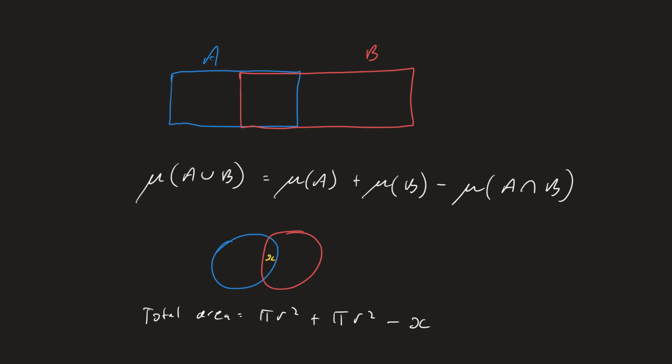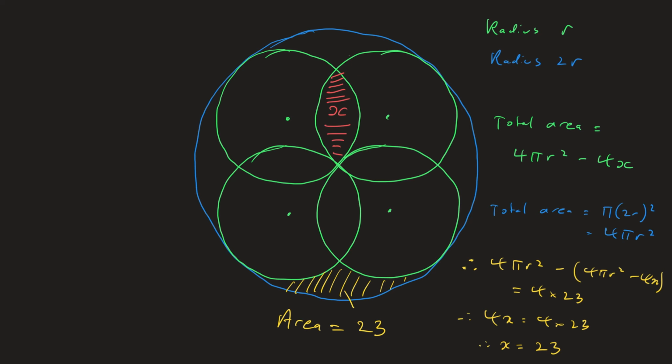If we apply this formula to 2 intersecting circles with the same radius, we get the total area is equal to pi r squared plus pi r squared minus x. The idea behind the previous formula is that when you add up the area of individual sets, then we count their overlap twice.